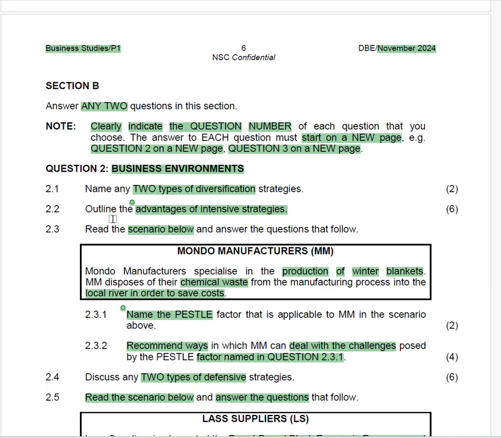Obviously, they have to find better ways of disposing of these chemicals. They shouldn't dispose of them in the river. They should set aside the cost to ensure the waste is disposed of in a manner that doesn't affect the environment. As we go to the solution, we'll have a chance to see all the different ways they can look at that.